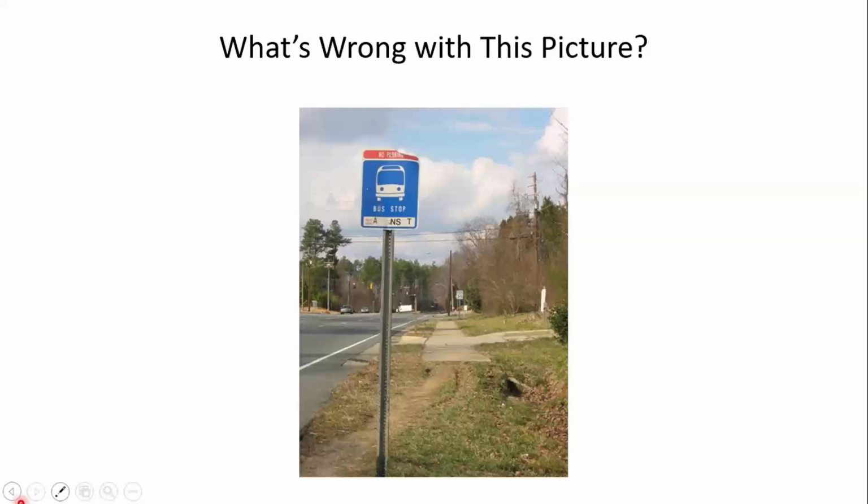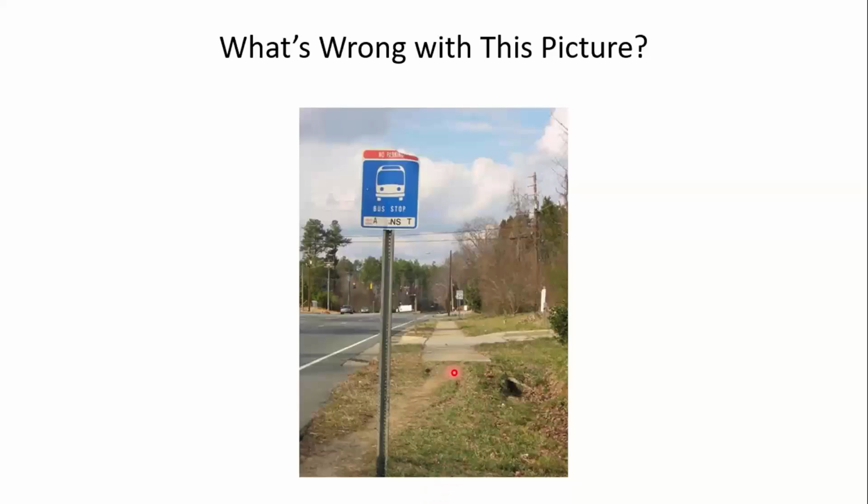What's wrong with this picture? Hopefully it's clear. Notice this is a marked bus stop in this jurisdiction, but notice the sidewalk along the roadway ends probably at a property line back here, so there is no accessible route to the bus stop itself.